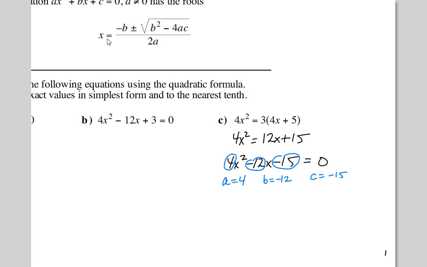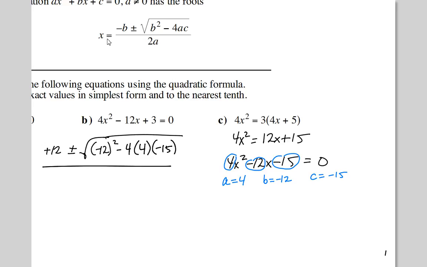So it's going to become positive 12 again, plus or minus the square root of, okay, B squared is negative 12 again, minus 4. A is 4 and C is negative 15. All over 2 times 4.